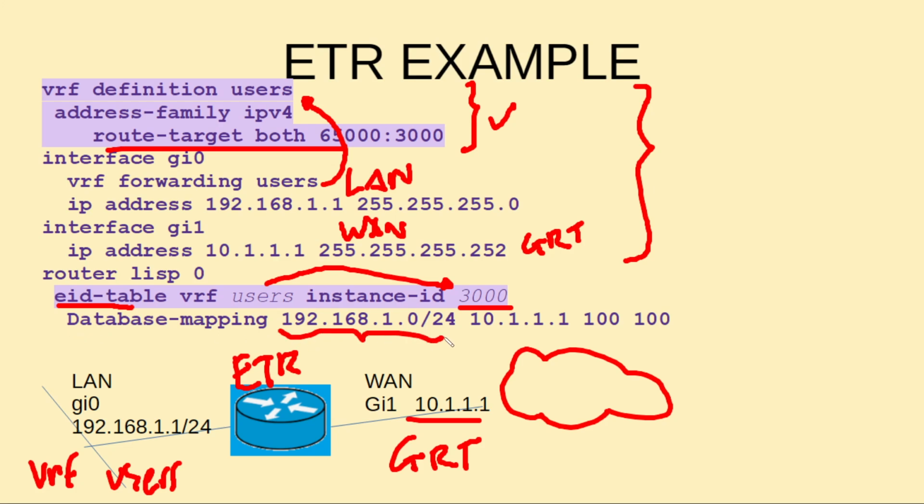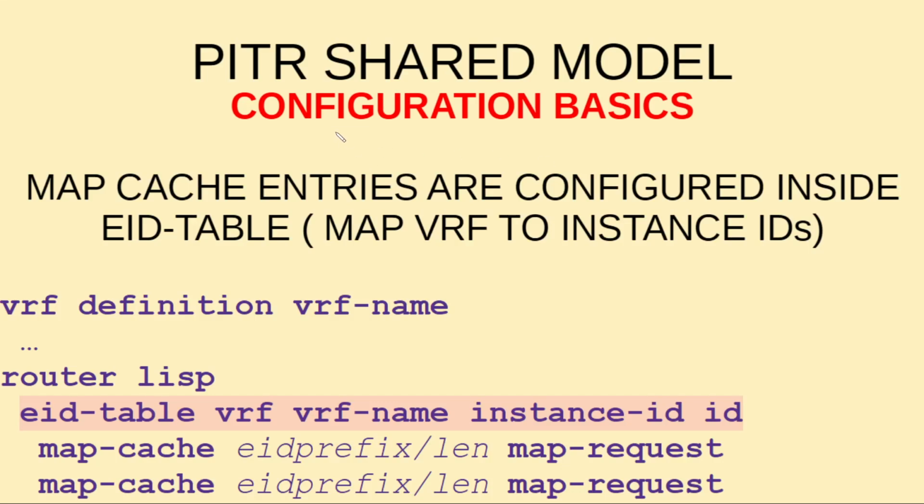We are going to configure our endpoint ID, that in this case is actually the subnet that corresponds to the local area network, the RLOC, that is actually the IP address of our wide area network interface, and then the priority and the weight.